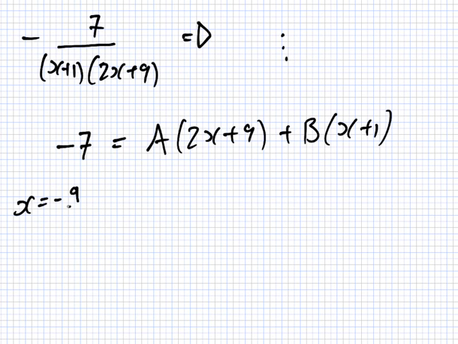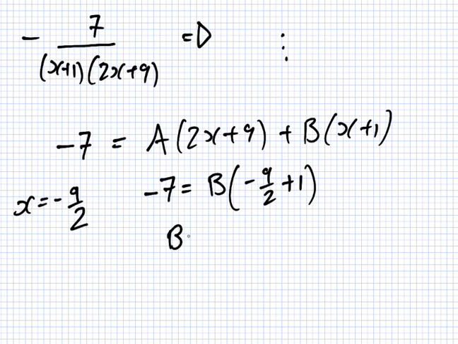It's very, very straightforward. So if I choose x equals minus 9 over 2, I get minus 7 equals b times minus 9 over 2 plus 1. What's that, please? Minus 7 over 2. So I get b equals 2.